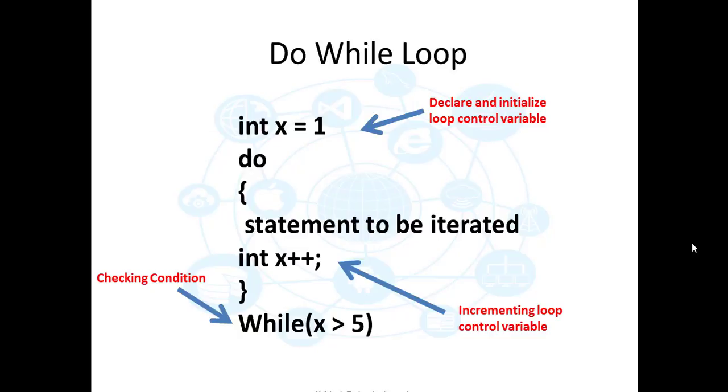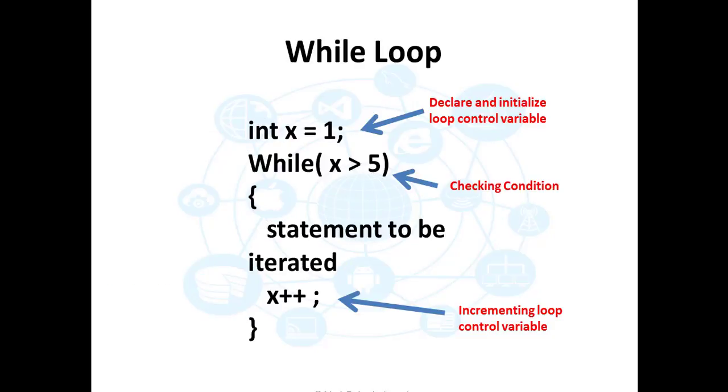After that x++ will be my incrementing loop control variable, and while x is greater than 5 is my condition. So while x is greater than 5, it will print this value. Here it should be x is less than 5 because x is already 1. So it won't print in this case. It will only print one time.